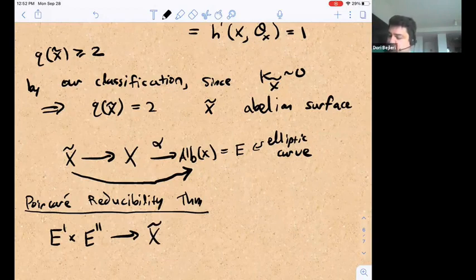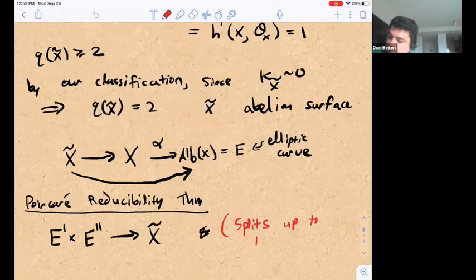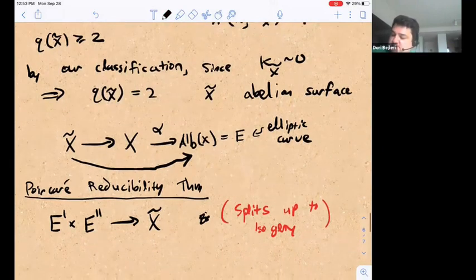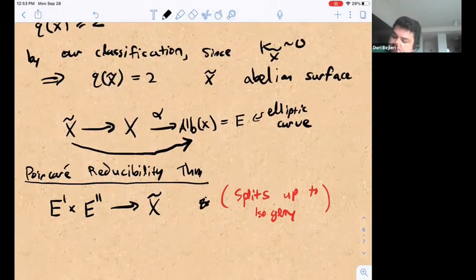So maybe the correct word here is it splits up to isogeny. Okay, and then we're done because we know that x is a quotient of x tilde, and x tilde is the quotient of some product of elliptic curves. So x itself is the quotient of a product of elliptic curves.